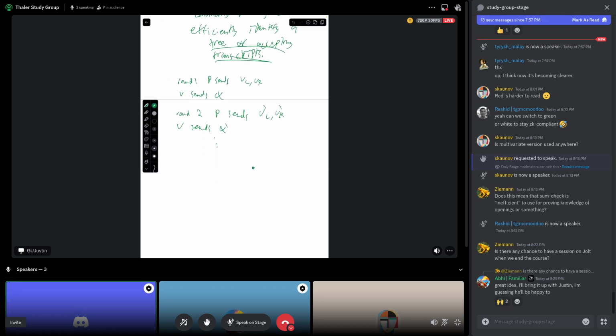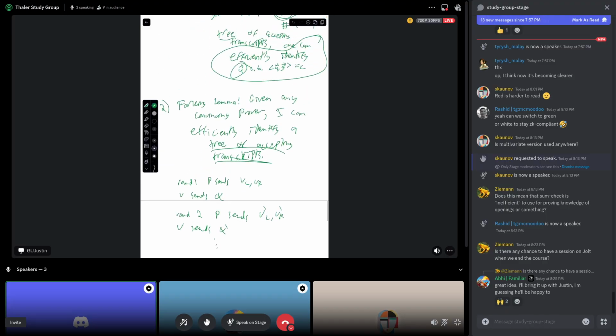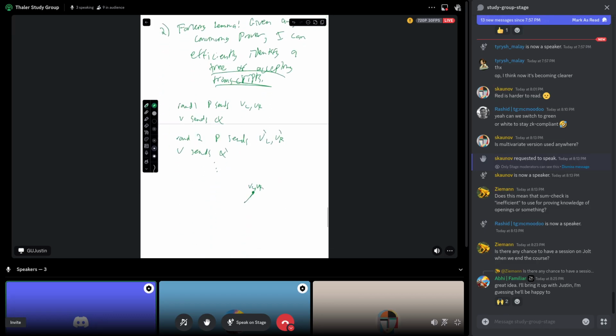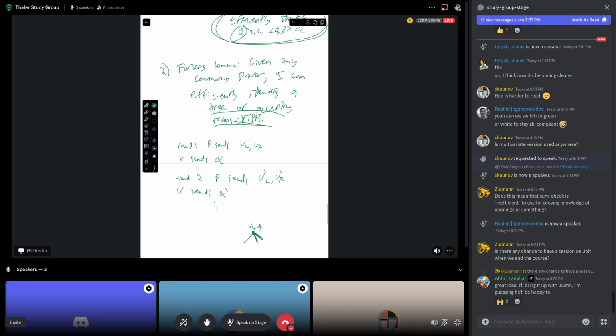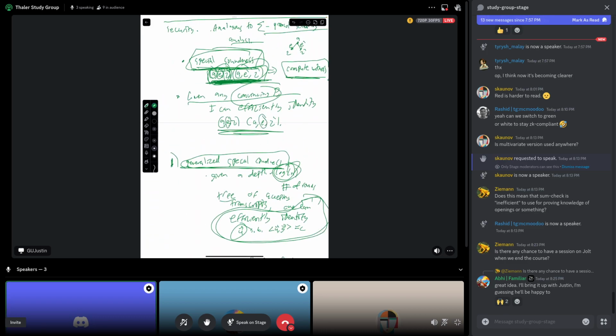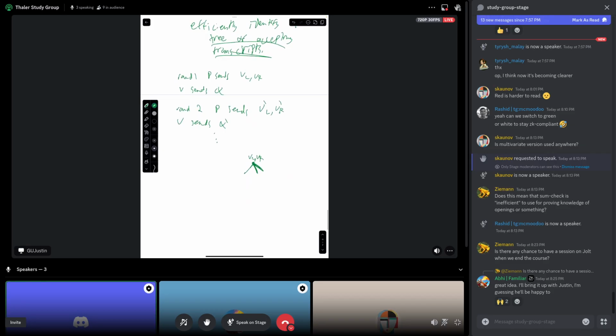So in a tree of accepting transcripts, the root of the tree is labeled with the prover's first message. And in Bulletproofs, to make it work so that you can take the tree and derive from it the witness, you actually need 3 rather than 2 verifier challenges at each round. With Schnorr's, you only needed 2 verifier challenges, E and E prime, in the one round. With Bulletproofs, you need 3.